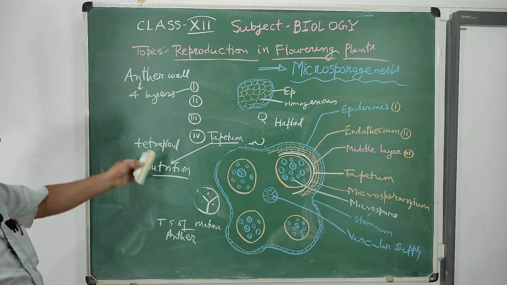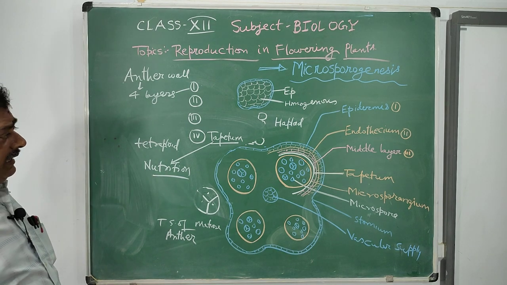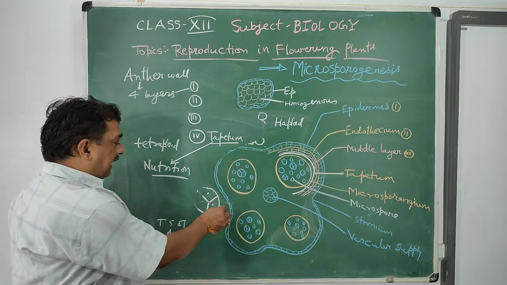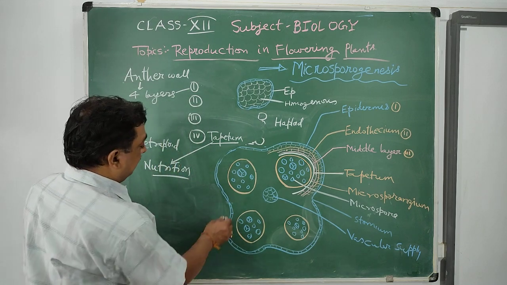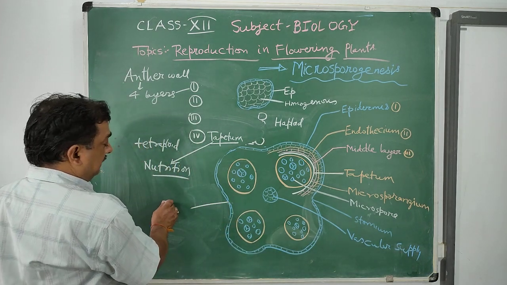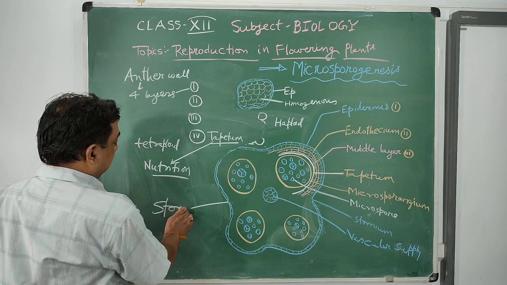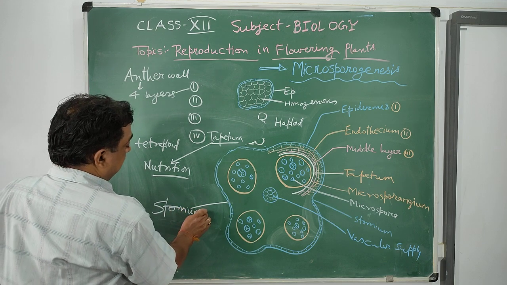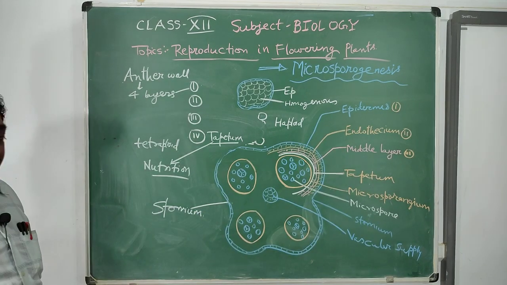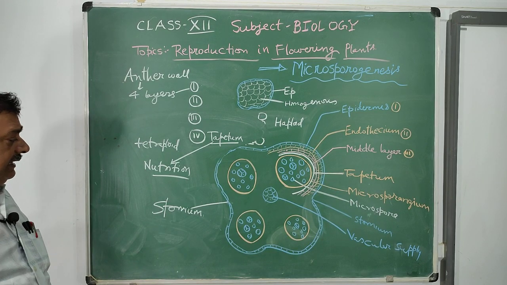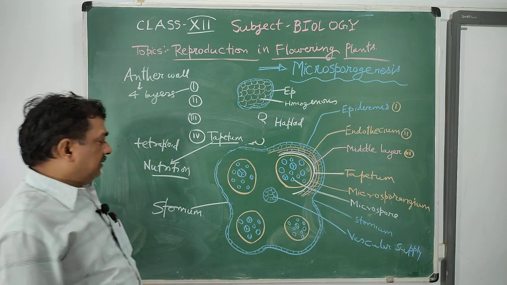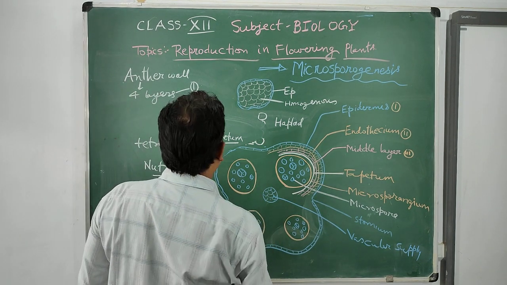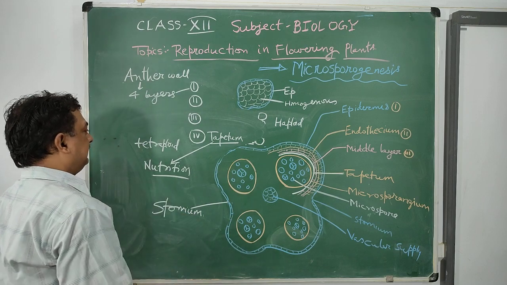So the anther wall consists of 4 layers: epidermis, endothecium, middle layer, tapetum. But at certain intervals, the anther wall is weak or thin, and this area is called stomium. This area helps in the dehiscence of the matured anther, and due to dehiscence, pollen grains or microspores are released.